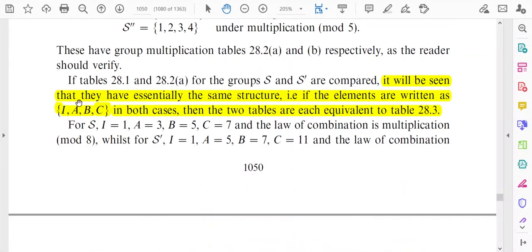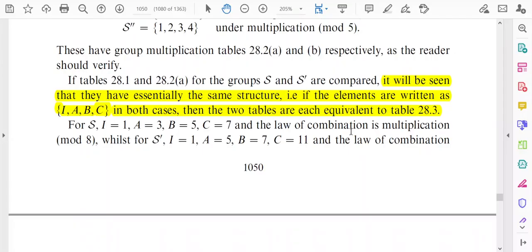So, it will be seen that they have essentially the same structure, that is, if the elements are written I, A, B, C in both cases, then the two tables are each equivalent to table 28.3. It means that for each of the groups we are giving a particular nomenclature.